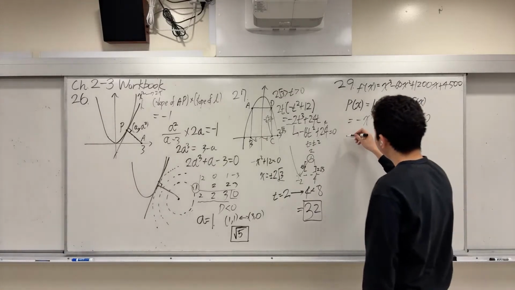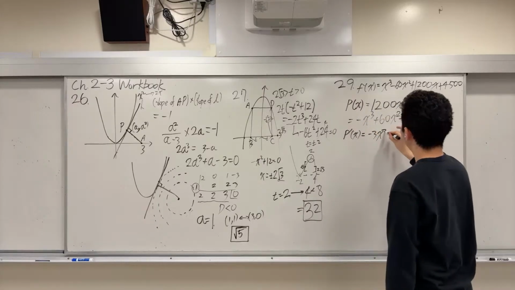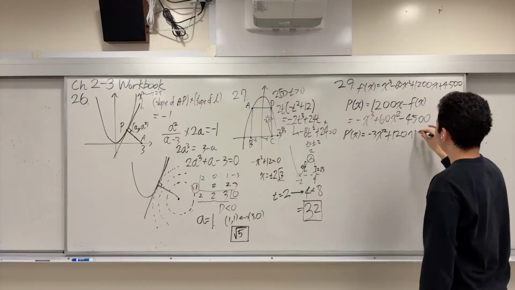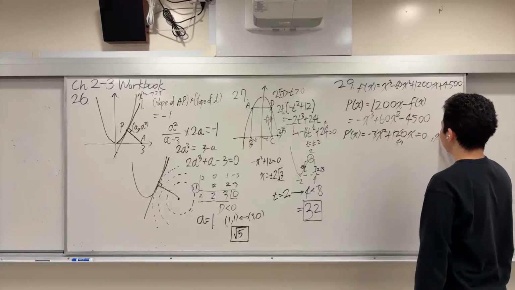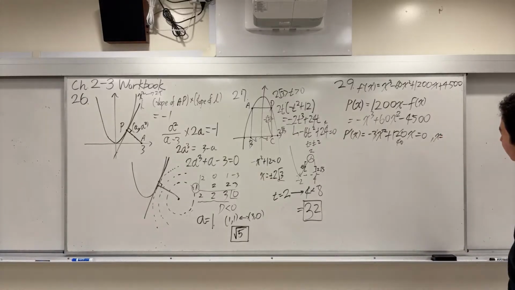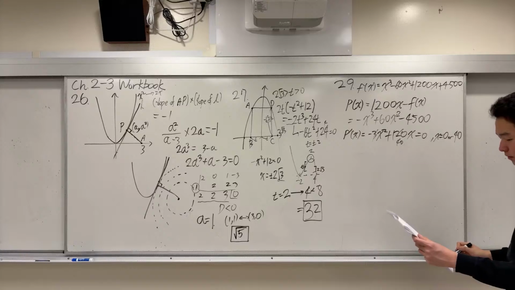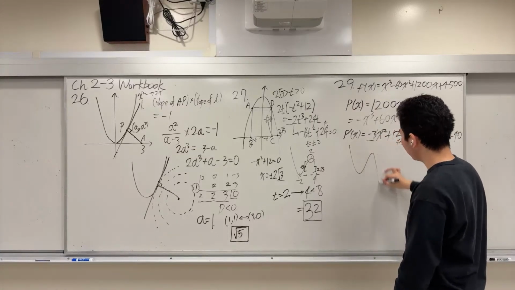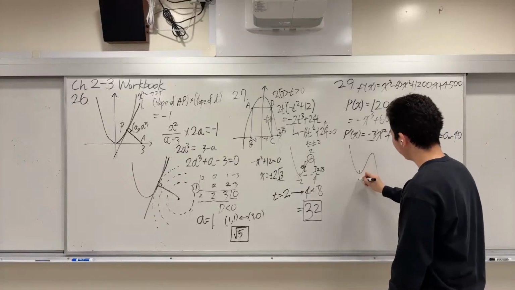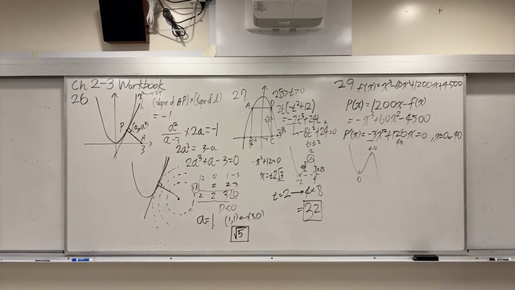So this is going to be our function. Okay, so now all we need to do is take the derivative of our profit function. So x equals, what do we have here? 0 or 40. Right, and we know that the coefficient is negative, so our function will look like this. We got 0 here, we got 40 here. What's our restriction on x?